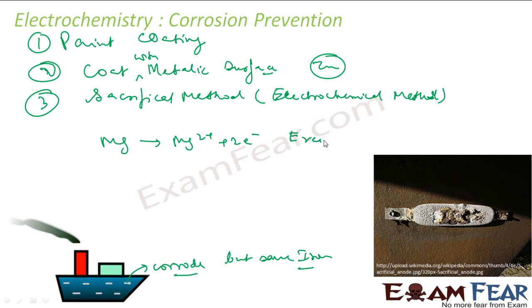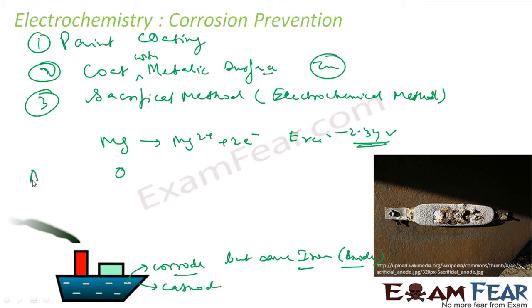The reduction potential is minus 2.34, but this is an oxidation reaction, so the oxidation E will be 2.34 volt, which means it is a spontaneous reaction. Iron, being less reactive, will act as the cathode, instead of iron getting oxidized, and the magnesium will act as the anode.